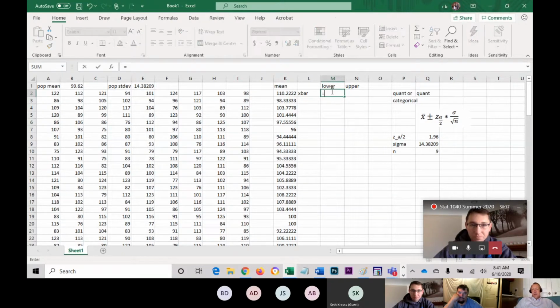Equals X bar, which is going to be your 110, minus your Z sub alpha, which is going to be 1.96, times your sigma, which is right here, your population standard deviation, divided by the square root of N, which is going to be 9.